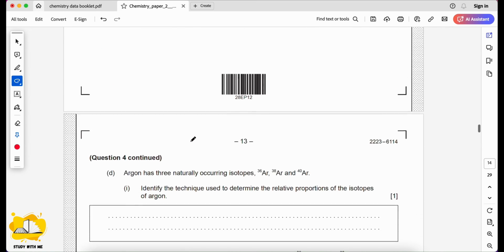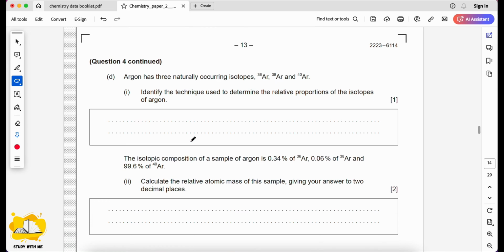Okay, so next question. Argon has 3 naturally occurring isotopes, which are Ar-36, Ar-38, and Ar-40. Identify the technique used to determine the relative proportion of the isotopes.